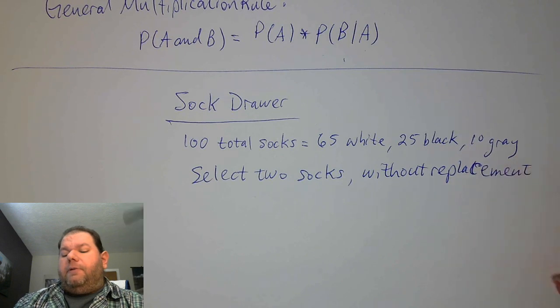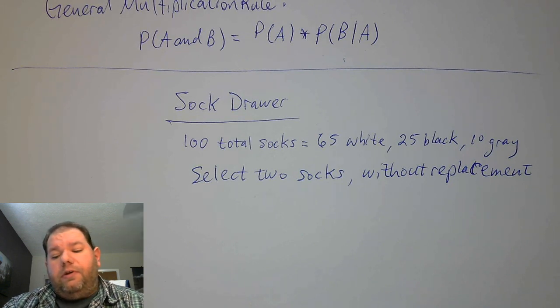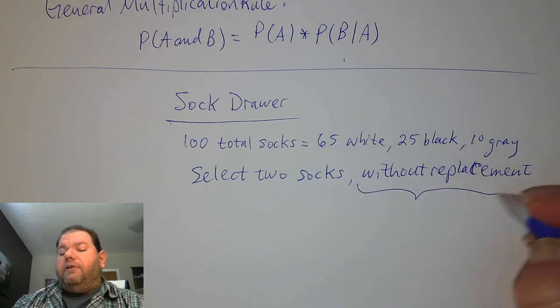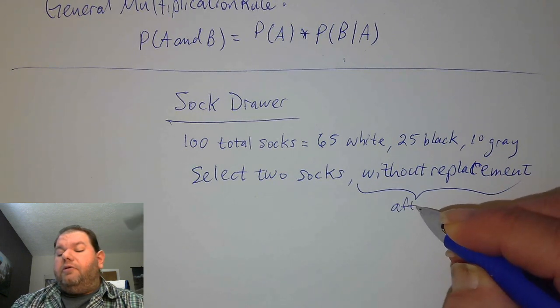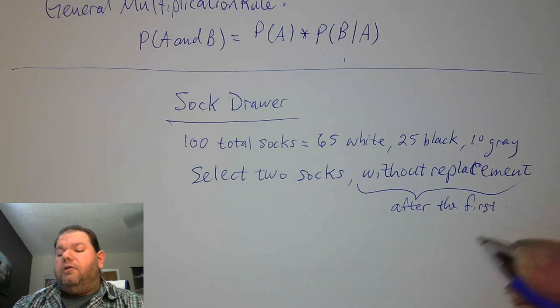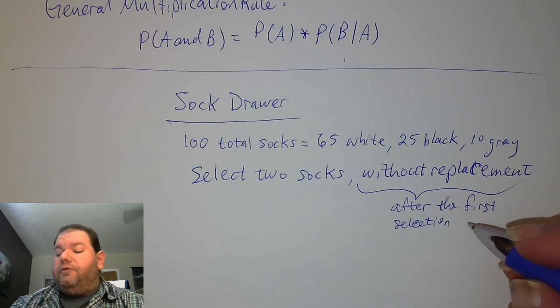Now, without replacement is a phrase that we use in statistics, saying that when we randomly select objects, they are taken out of the selection pool, and it changes the number of items remaining, and it changes the probabilities for what's remaining also. So when we say without replacement, after the first selection is made, we don't put it back into the drawer.